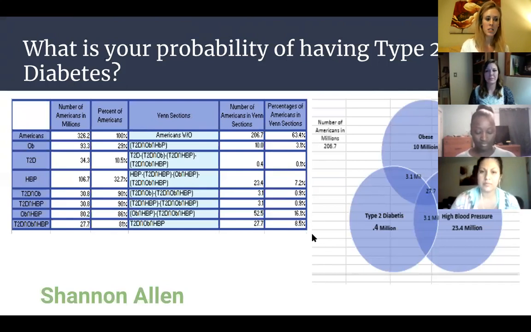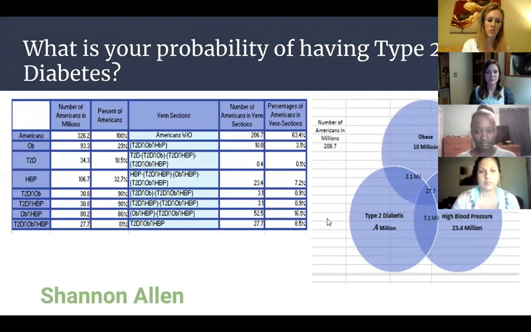So here we see that 10 million Americans, or 3.1% of the population, struggles with obesity, 9% dealing with obesity and type 2 diabetes, and likewise 9% struggle with obesity and high blood pressure. Arkansas happens to rank as 7th in this nation. It could likely be attributed to several factors such as income, poor diets, social factors.